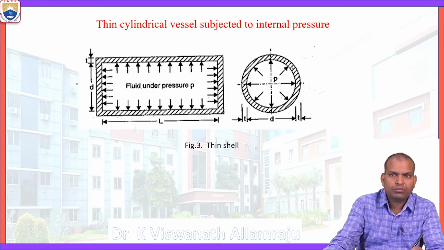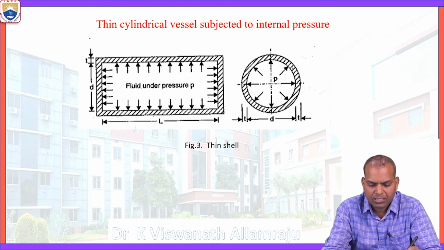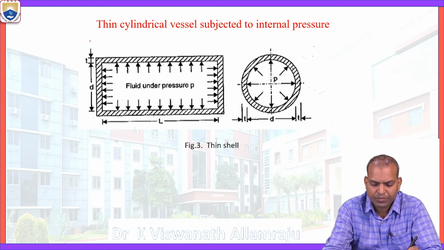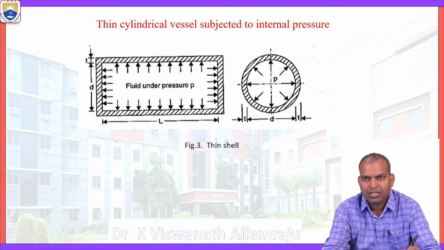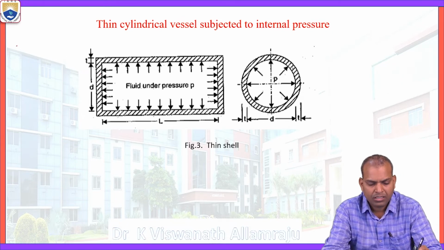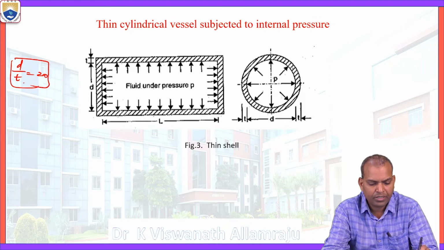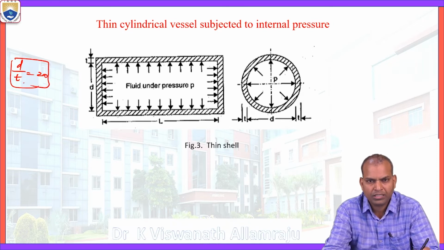Now, coming to the case study, this thin cylindrical vessel subject to internal pressure is a closed cylinder. We can see it is a thin shell because d by t equals 20. The diameter to thickness ratio is 20, which means the diameter of the shell should be more than 20 times the thickness of the shell.